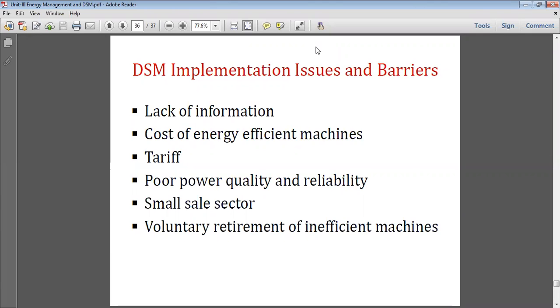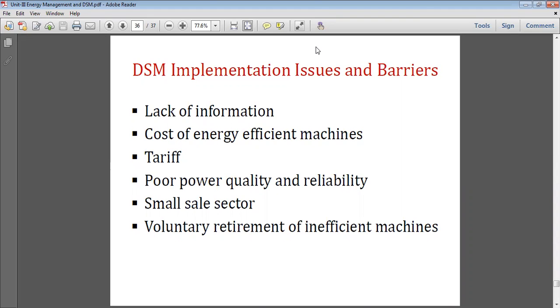Second is the tariff. We find that some tariffs are based on the connected load. For example, in the agriculture sector, suppose the electric bill per month is 3000 rupees when you connect a 5 HP motor or 5 HP pump. If you connect a 10 HP pump, then the energy bill per month is 5000 rupees. So what may the consumer do?